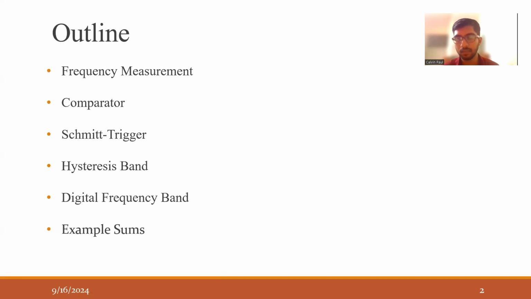A Schmitt trigger is a slightly advanced version of a comparator that uses a hysteresis band. The hysteresis band enables it to overcome the problem of noise, which can result in erroneous measurement. Also, we will do digital frequency measurement, as well as see some example sums.